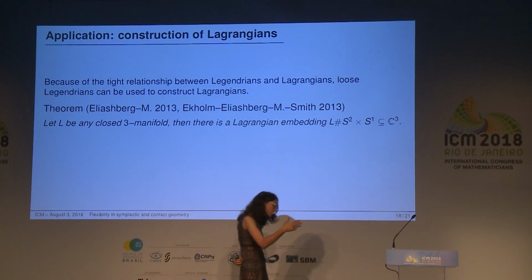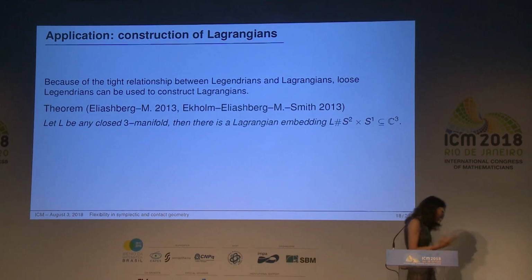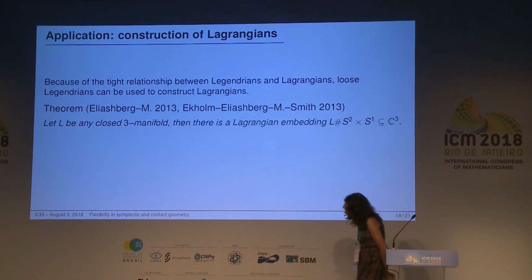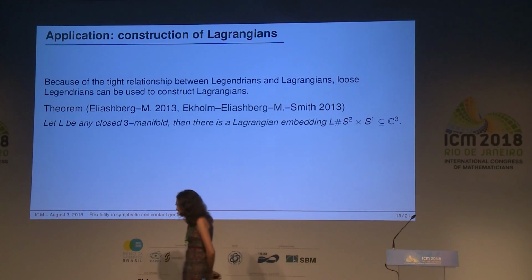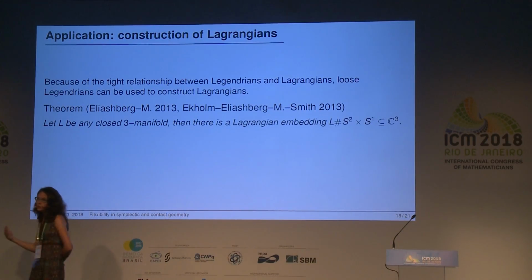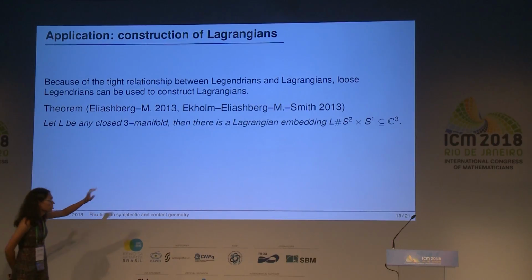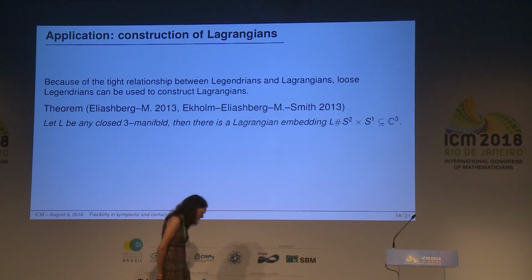And every time you do a surgery, it's just adding extra tubes, which are just copies of S^1 cross S^2. So the content in this theorem is that you only ever need a single copy of this S^1 cross S^2. An equivalent, or in fact stronger way that this could be reformulated is that there's an exact Lagrangian immersion which only has a single double point.